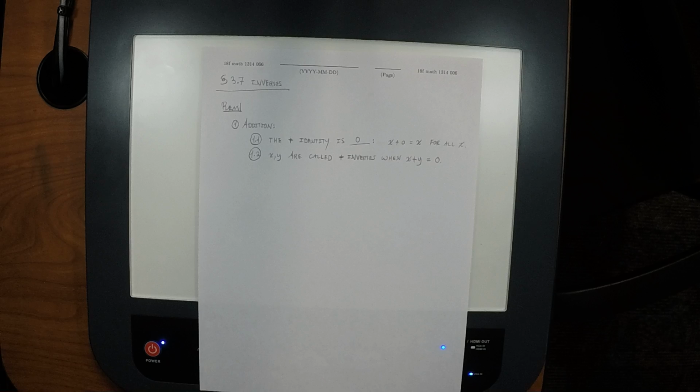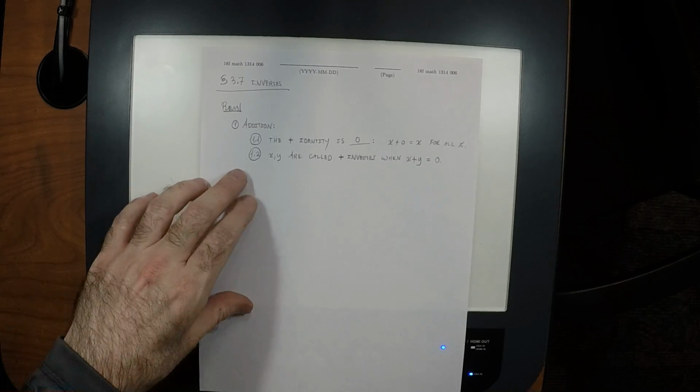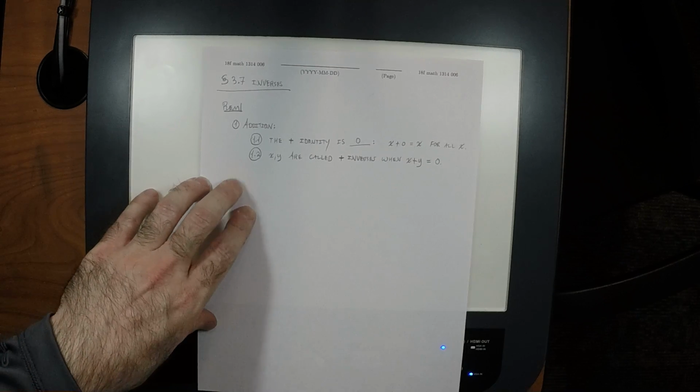Why am I saying 0 is important here? Because it's the identity. So let me say these sentences out loud with a comical amount of stress on the words. The additive identity is 0. And x and y are called additive inverses when you add them and you get the additive identity. Right? Okay. Trust me, I have a reason that I'm doing this.